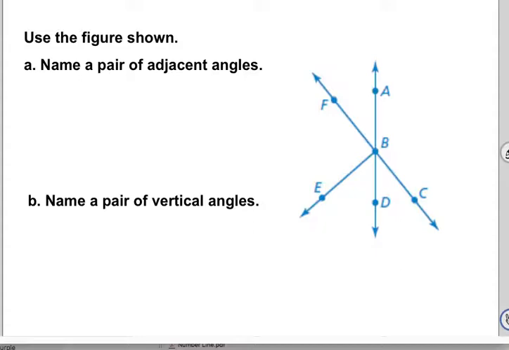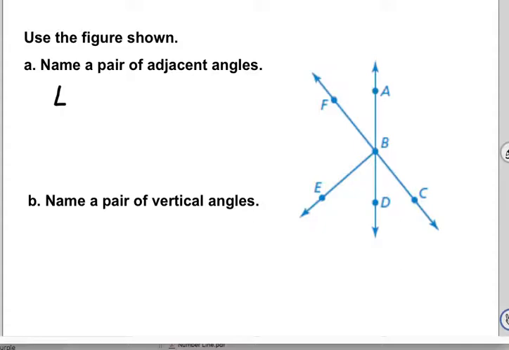Okay. Name a pair of adjacent angles that you see in A. Now, here's what we have to notice. We've got letters, so how many letters are you going to have to use to identify that angle? 3, okay? And you have to use the angle symbol. The angle symbol is just like the less than or greater than symbol.